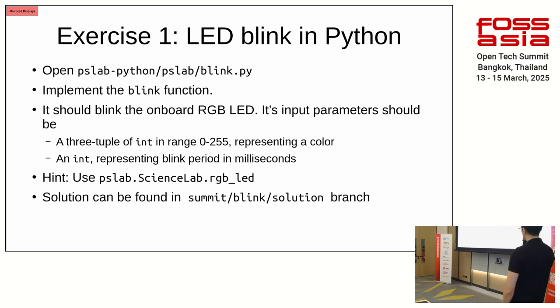The color is 3 integers in range 0 to 255, so 3 bytes, representing a color. So those are basically the channels red, green, blue for the LED, and then an integer representing the blink period in milliseconds.